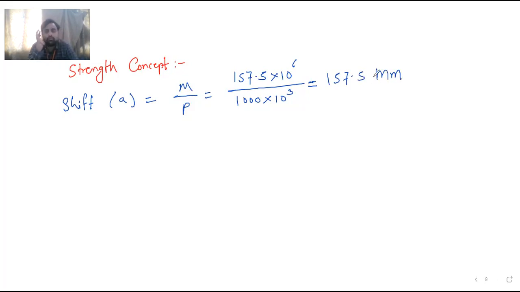It means where your C line will be, above the neutral axis or below the neutral axis? The shift of the C line from the P line, that is, the distance of the C line from the P line, is 157.5 for midspan. All these calculations are for the midspan section. So where do you think it is lying? Above the neutral axis. Definitely it is lying above the neutral axis.